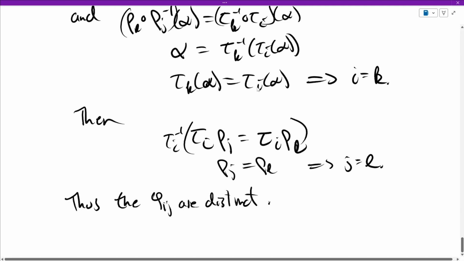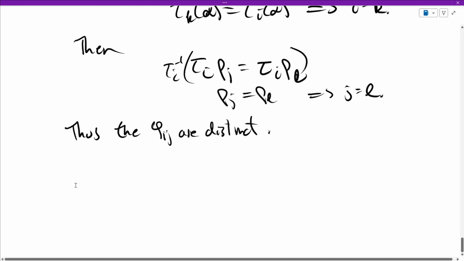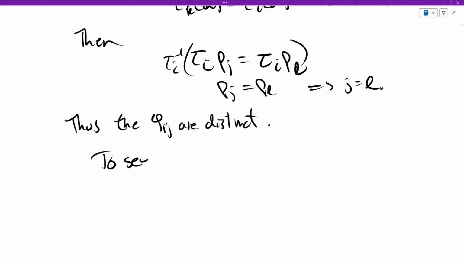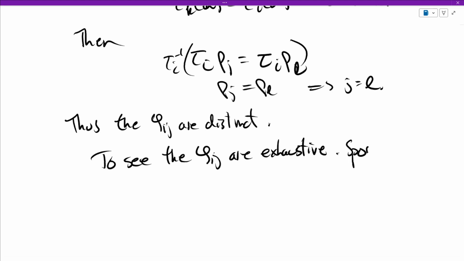All right, so we have K distinct monomorphisms from L into N, and we need to now see that this is actually all of them. So to see we have all of them, I'm going to say they are exhaustive. Suppose you have another one, tau.